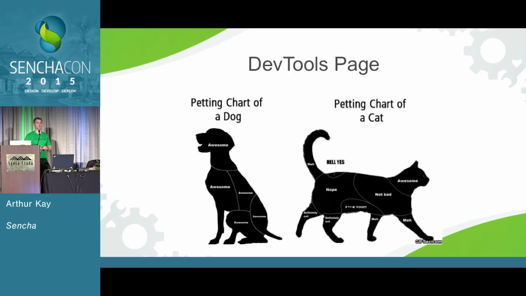But Chrome developer tools cannot tell you the cat likes its ass scratched the most, because clearly, I don't know if you can see that, but the one spot that says hell yes is right above the tail. So that's what your Chrome extension has the ability to tell you. And that's why it's so important to understand how to do this, because it'll make your lives very, very easy to start debugging your own applications.